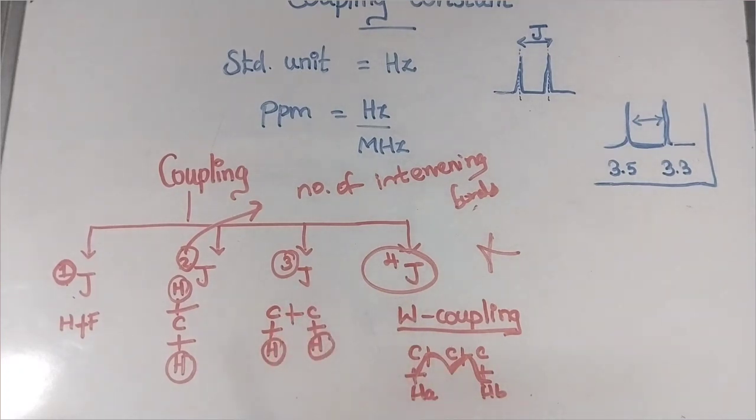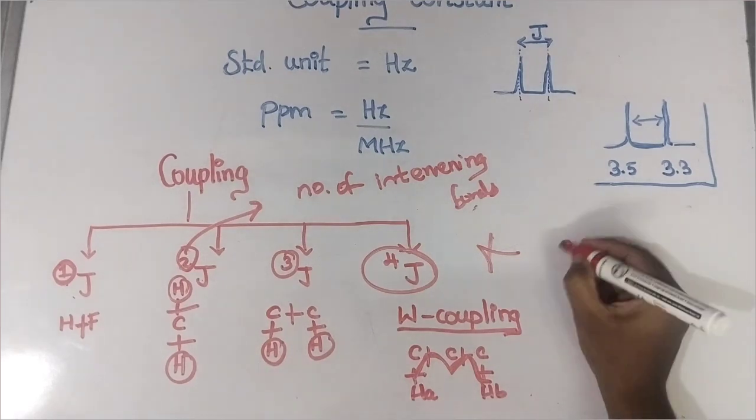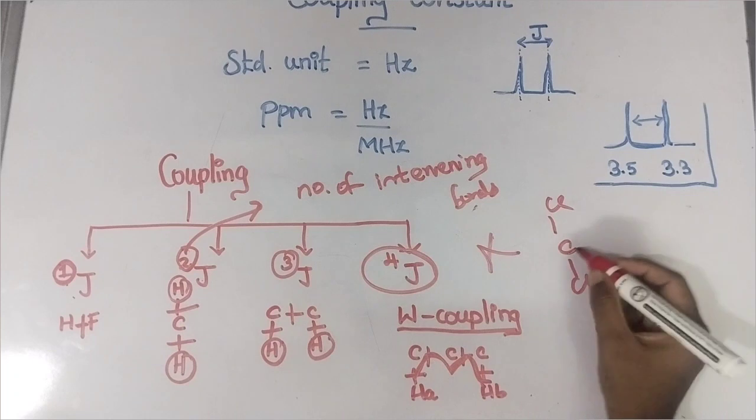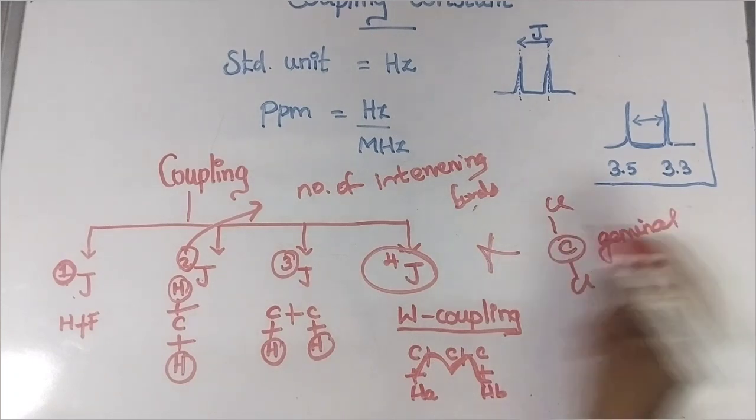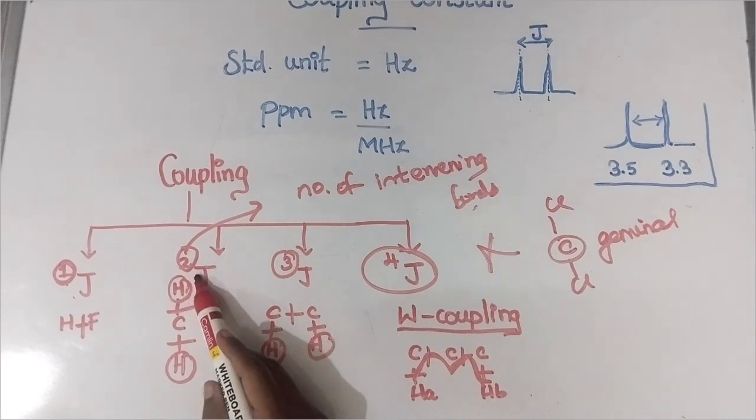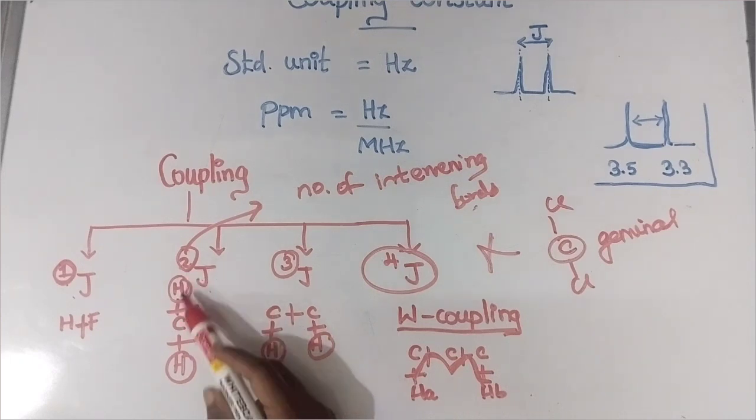And what kind of carbon is this? It is a geminal carbon. Geminal means two groups are present on the same carbon. Hence J2 coupling is otherwise known as geminal coupling.